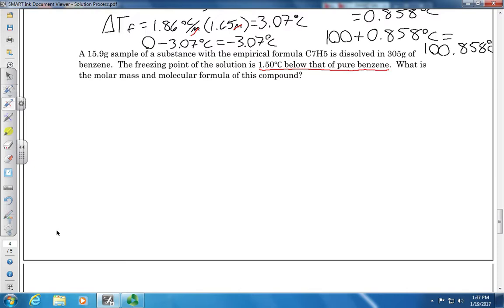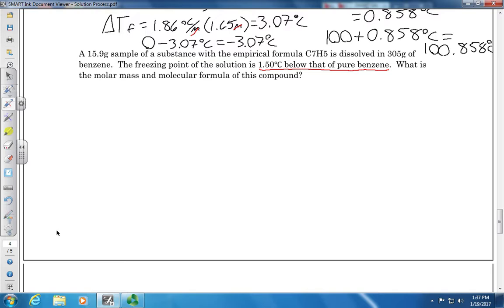So it has to be compared with the pure substance in order to get a full picture of what we're trying to do. If it gave just the temperature, then you would have to assess where that temperature lies when compared to that of the pure substance, in this case benzene. So that'll be our delta T sub F.